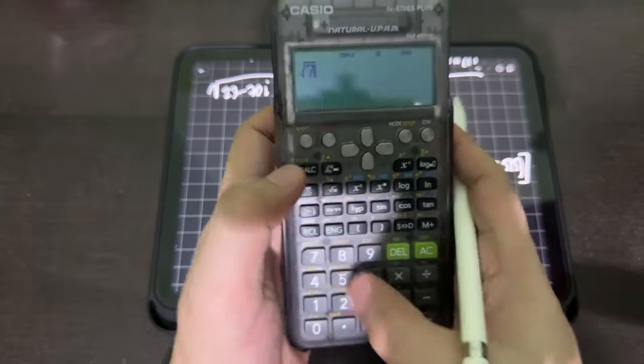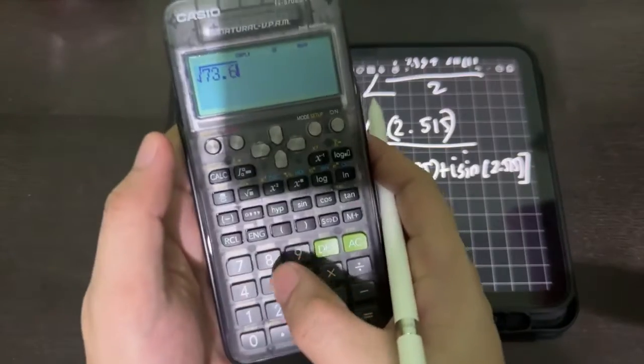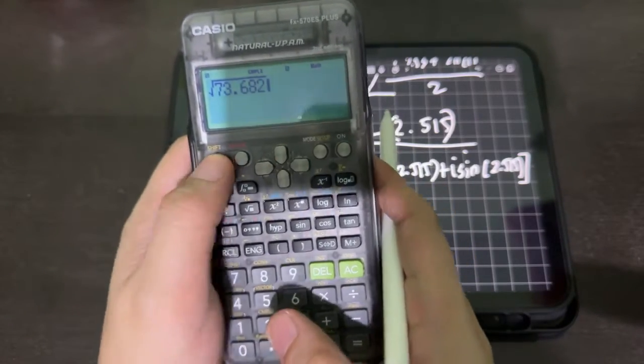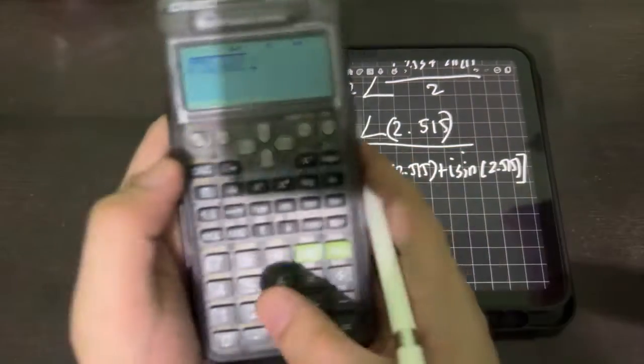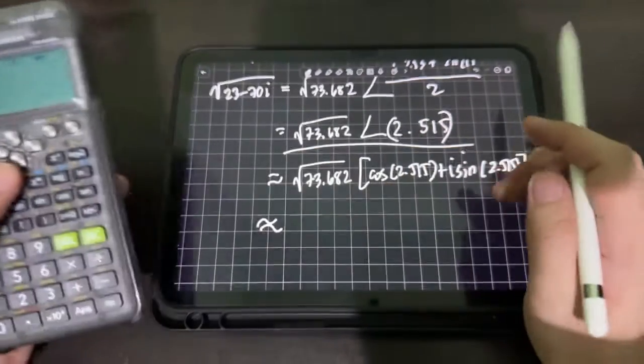So, square root of 73.682 angle of 2.515.